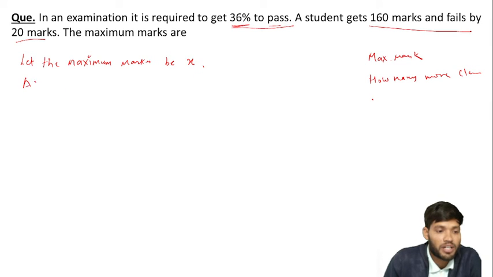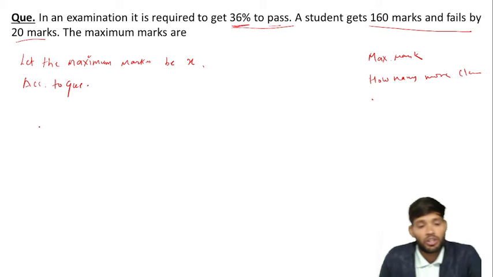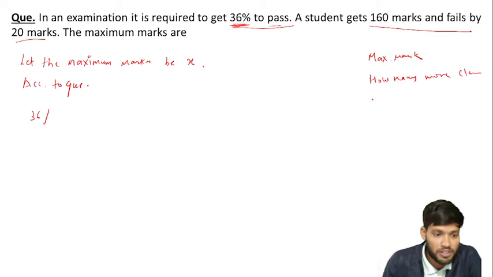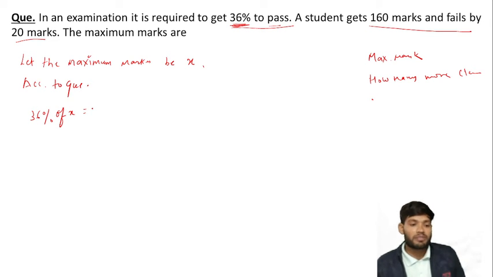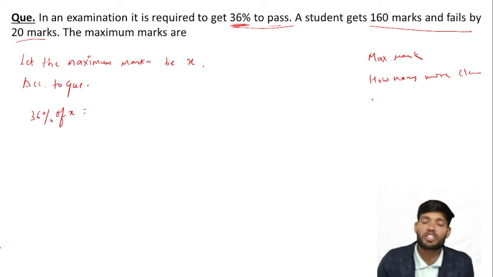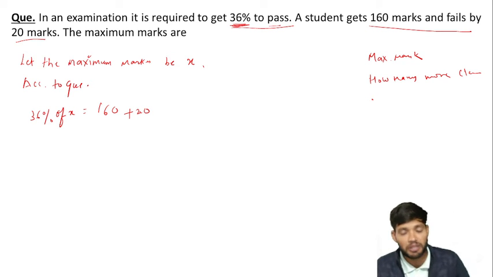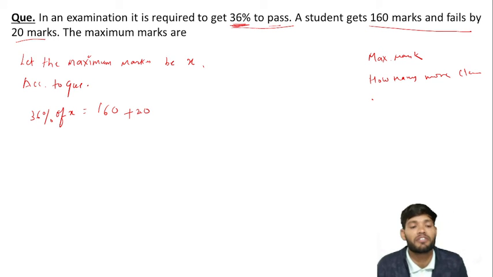According to the question, the passing marks required are 36% of x, that is of the maximum marks. He obtained 160 and failed by 20 marks. If he received 20 marks more, he would clear the passing marks.